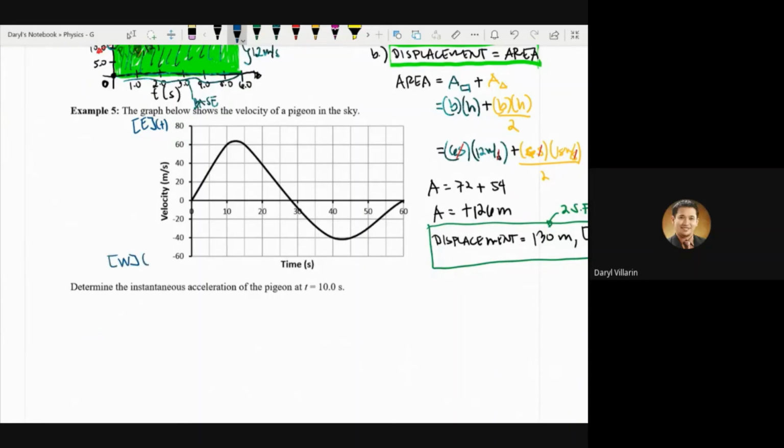Anything below zero has a negative value, so it should be west. Again, positive is east, and the opposite of that is the negative direction.